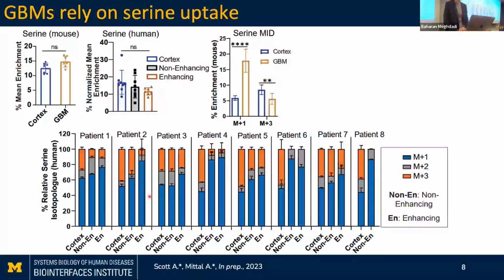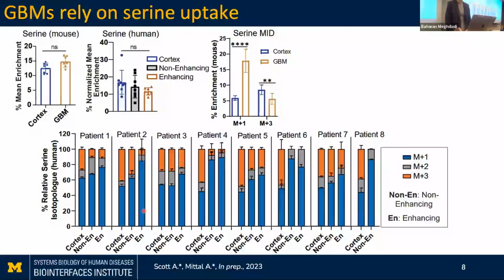This is for mouse, and this is for patients. And we see, again, the similar trend in the patient data. As you can see, M+3 is higher in the cortex, and M+1 is higher in the tumor samples.